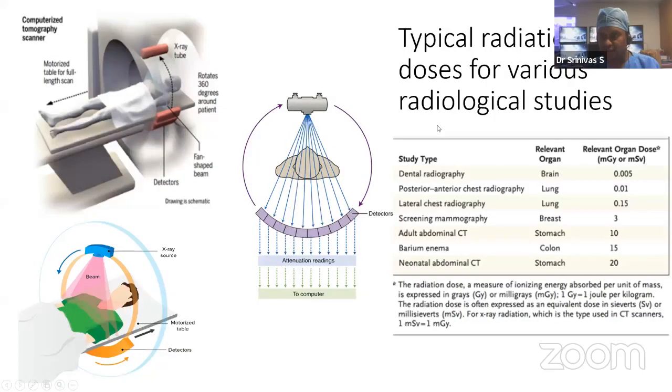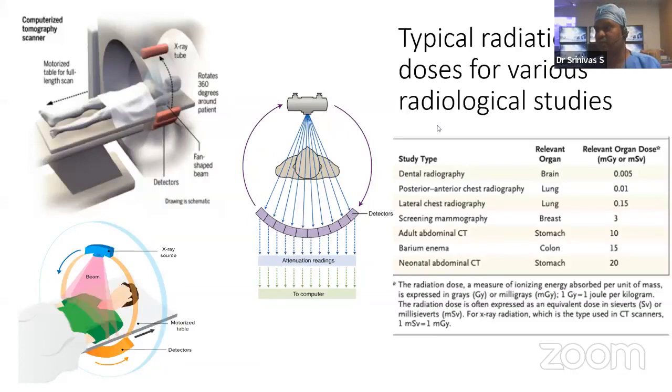This slide shows the ionizing radiation which occurs when different types of radiological imaging are done. When we do a dental radiograph, the brain takes 0.005 milligrays of ionizing radiation.